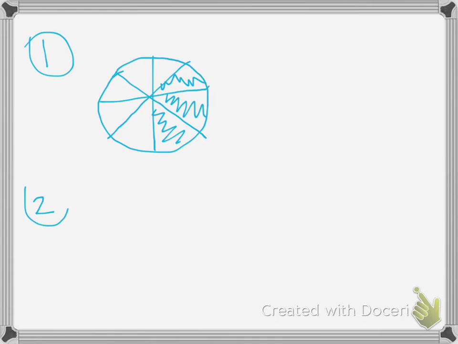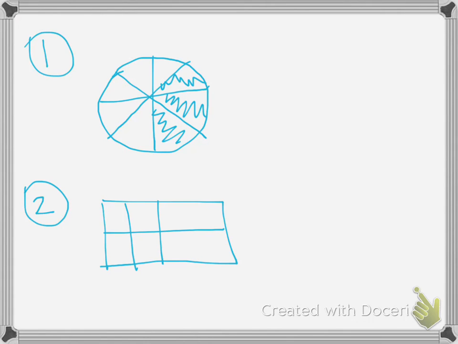For number 2, I want you to tell me the fraction that is not shaded. Number 1, tell me what is shaded. And for number 2, tell me what is not shaded. I suggest pausing your video while you complete this problem.